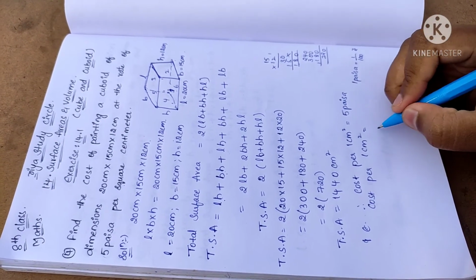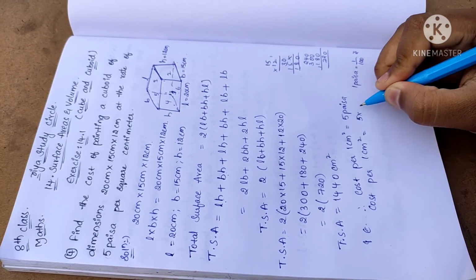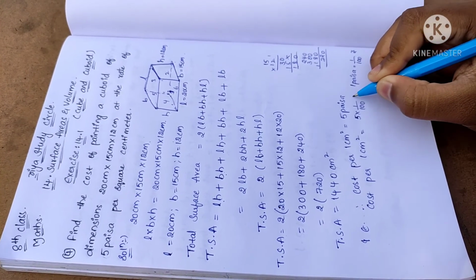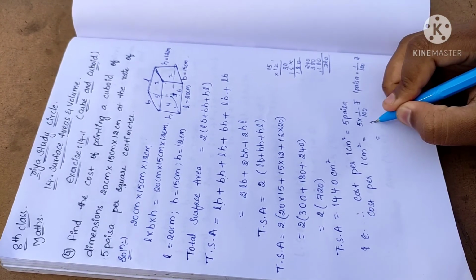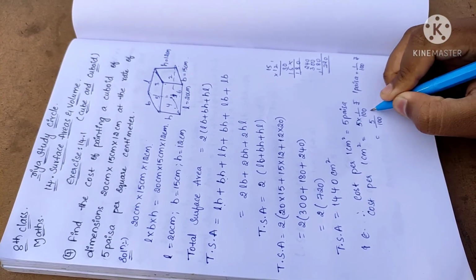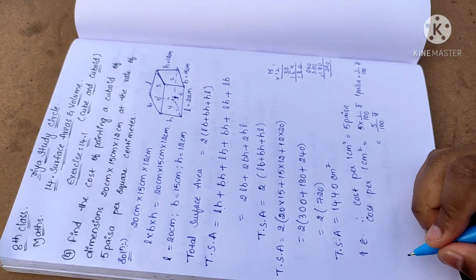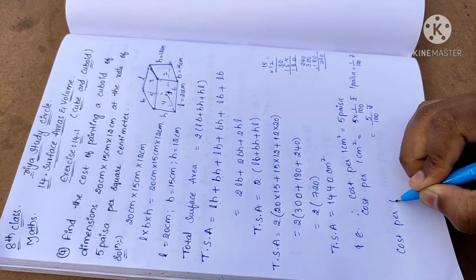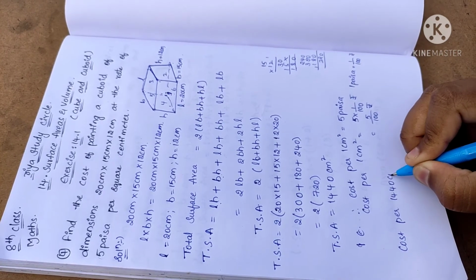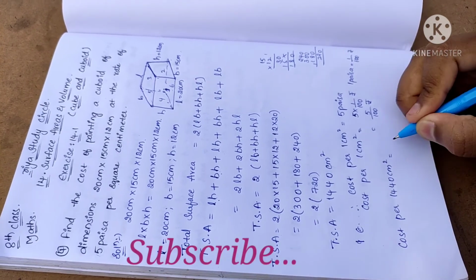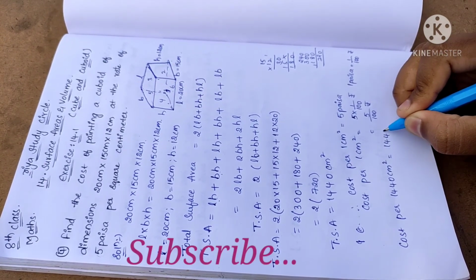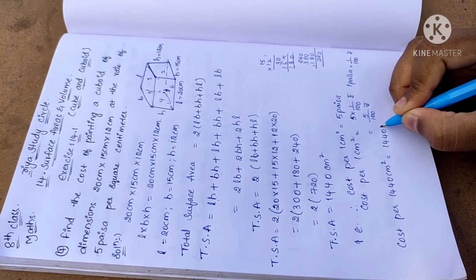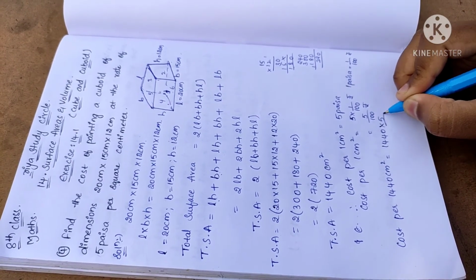So 5 paisa equals 5 into 1 by 100 rupees, that is 5 by 100 rupees. Now we have to find the cost for 1440 centimeter square, so the cost is 1440 into 5 by 100.